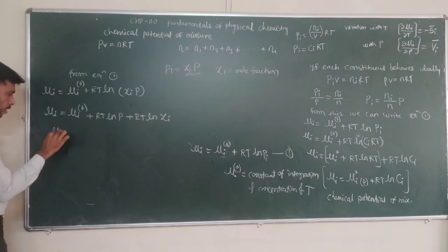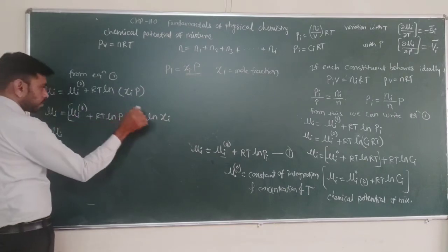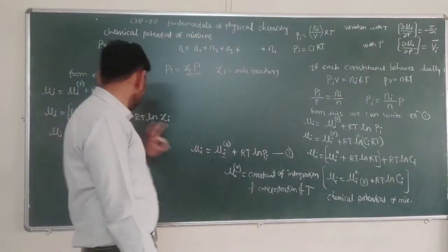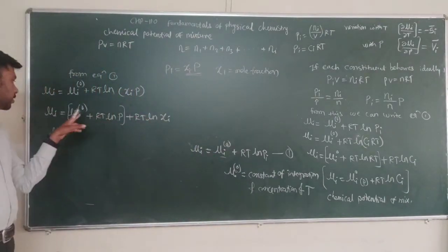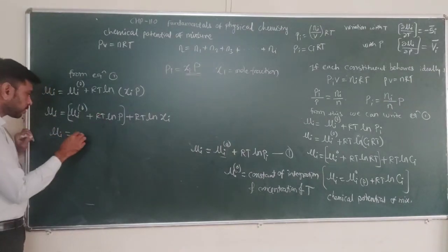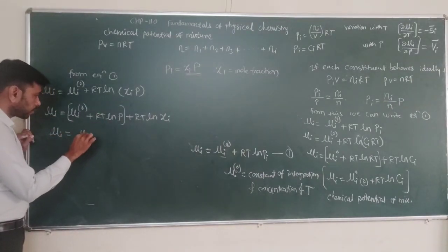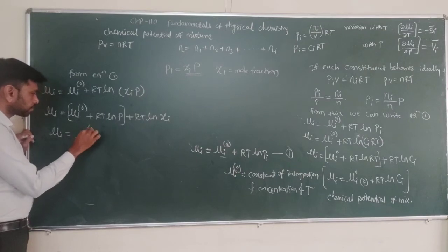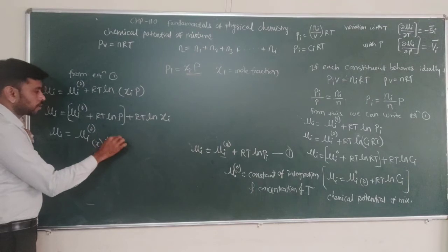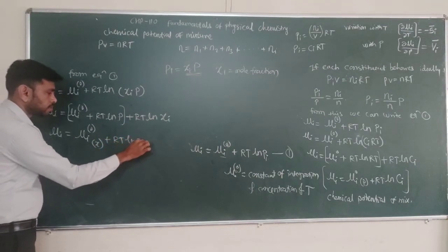Pressure is constant, R is constant, T is constant, so this whole term is a constant of integration. We replace it by another constant, say mu i 0 star, plus RT ln Xi.